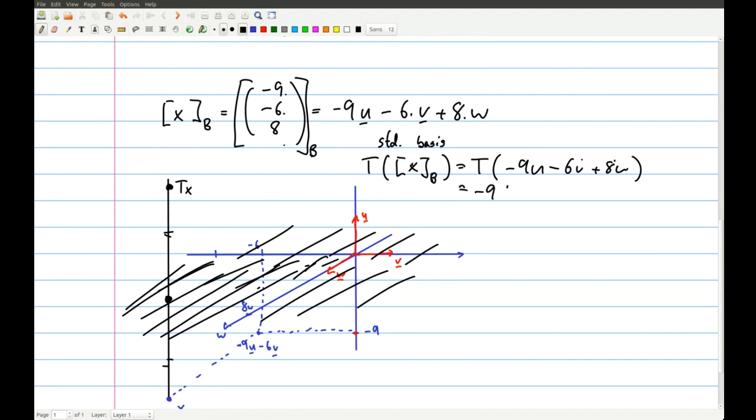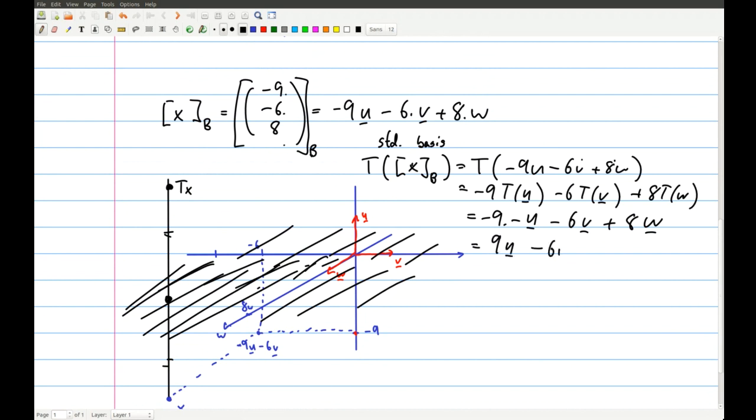And because it's linear, it's -9T of u minus 6T of v plus 8T of w. T of u is minus u, T of v is just v, T of w is just w. So this just ends up being 9u minus 6v plus 8w, like that.